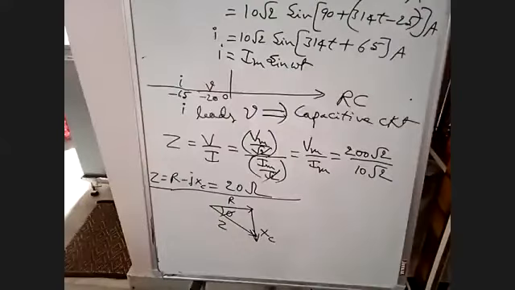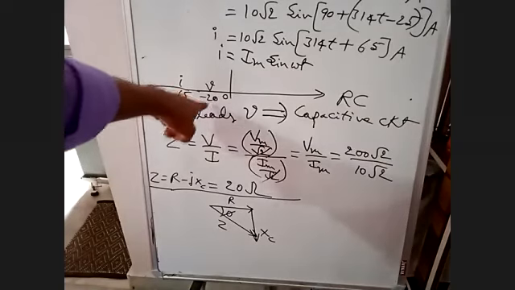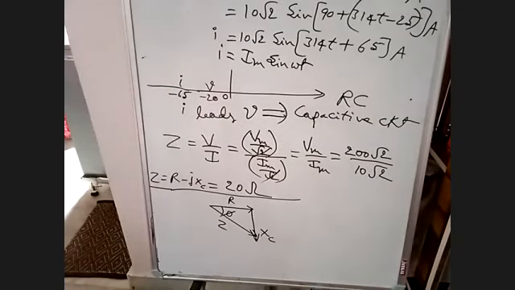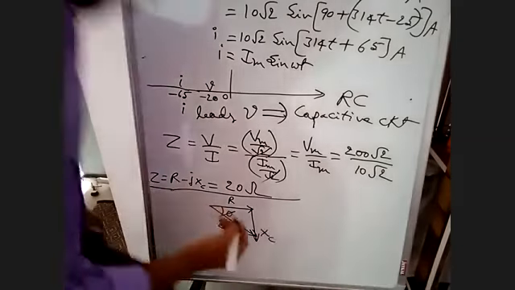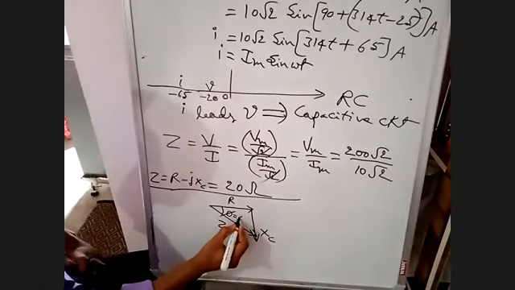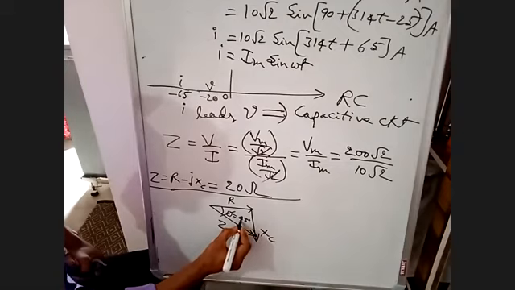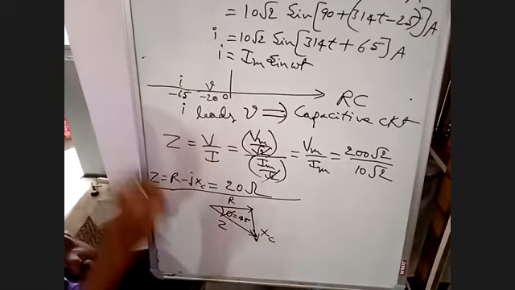See the difference here in the graph, the angle between 65 and 20 is 45 degrees.